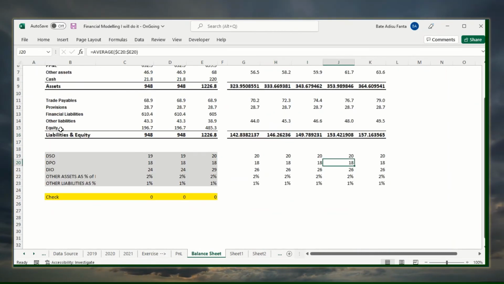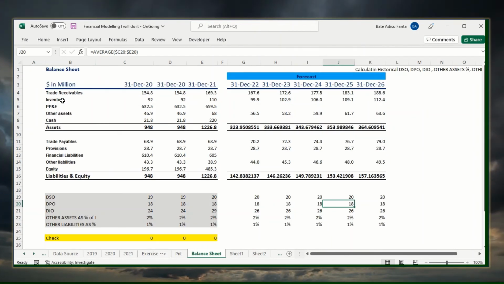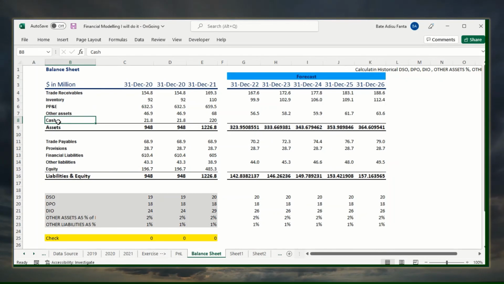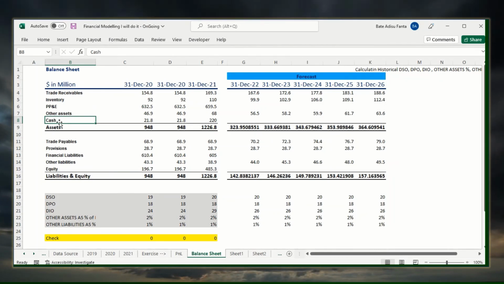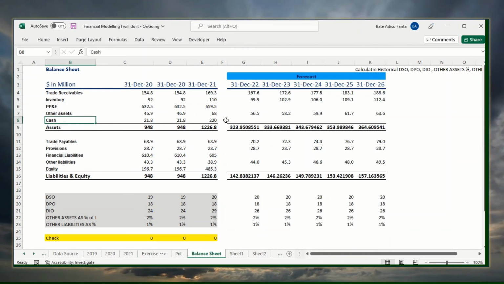So as I said, we'll be working on the equity section, financial liabilities, and cash. Cash will be done after we prepare the cash flow statement. After we finish working on the cash flow statement, we'll fill in the cash projection in our balance sheet.